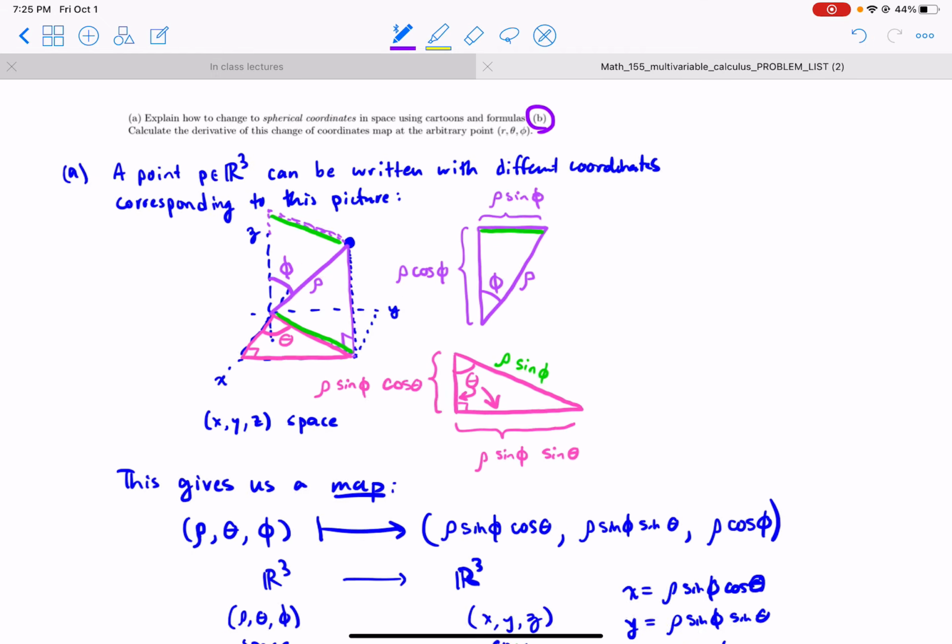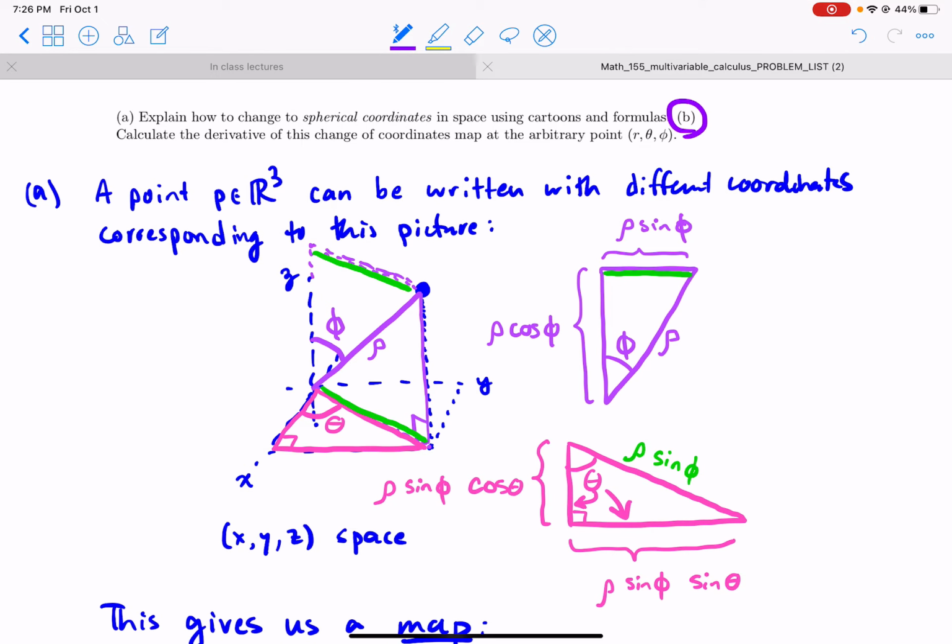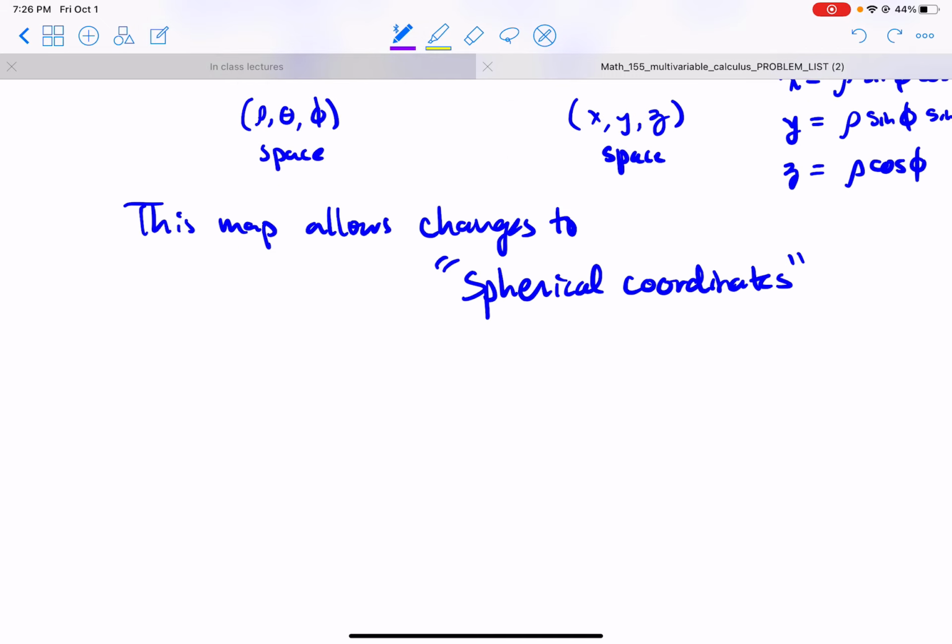Part B. Calculate the derivative of this change of coordinates map at an arbitrary point. So part B. First, the Jacobian.